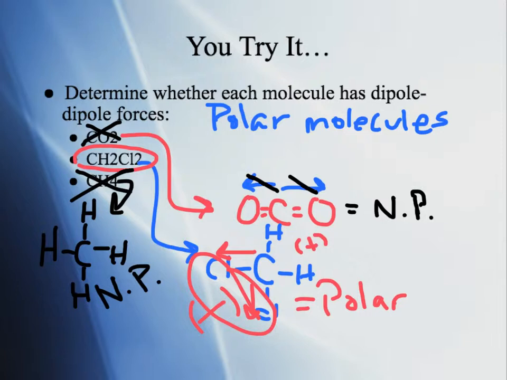So the only way to answer these types of questions is to go back to your knowledge of Lewis dot structures, structural formulas, electronegativities, dipole arrows, canceling and whatnot. You have to combine all that information together in order to answer whether this is going to have dipole forces or not.